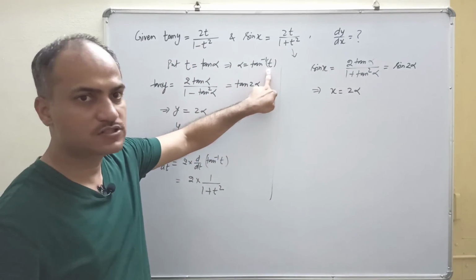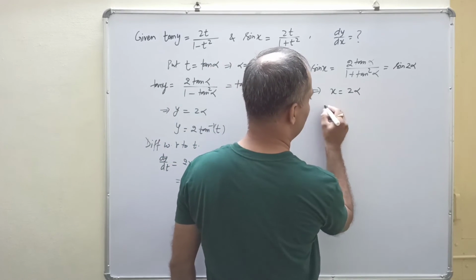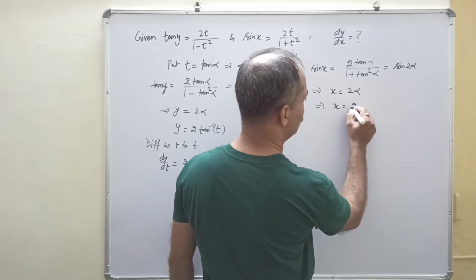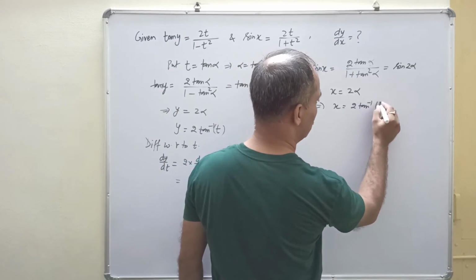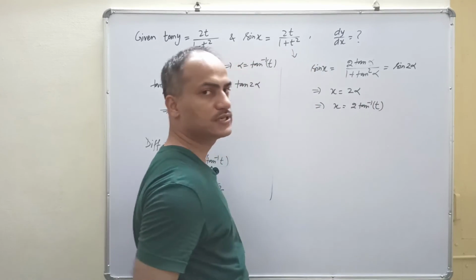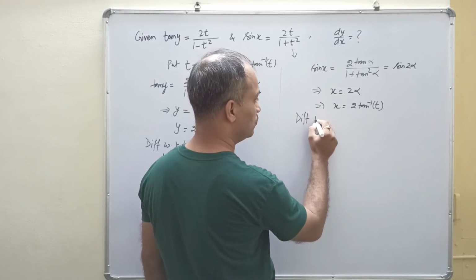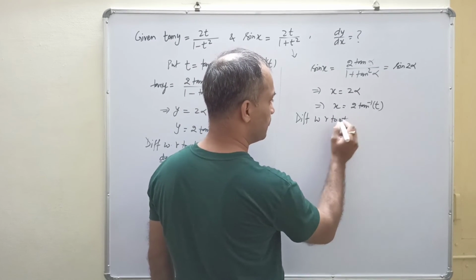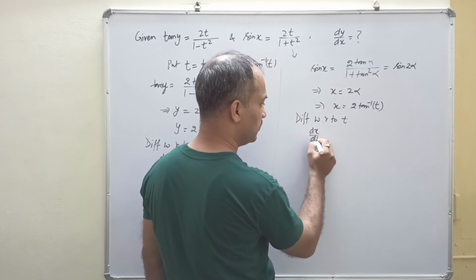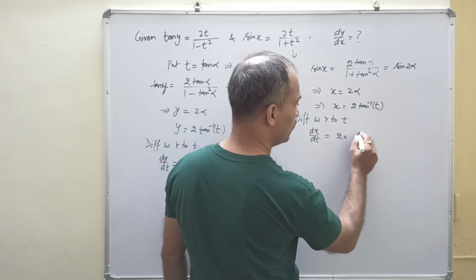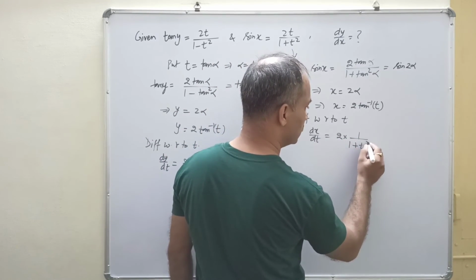Alpha was tan inverse t. So we get x is equal to 2 tan inverse t. Differentiate with respect to t. So dx by dt is 2 into 1 upon 1 plus t square.